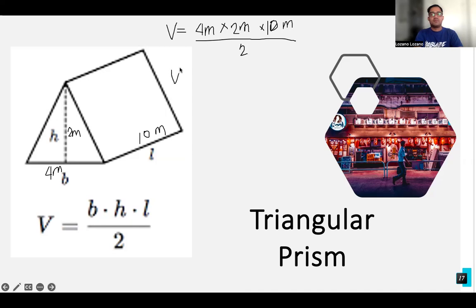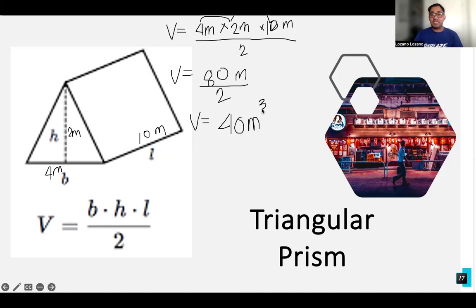Okay. So volume is equals to 4 times 2, that is 8. 8 times 10, that is, very good, 80 meters divided by 2. So volume is equals to what? Very good. 40 meter cube.